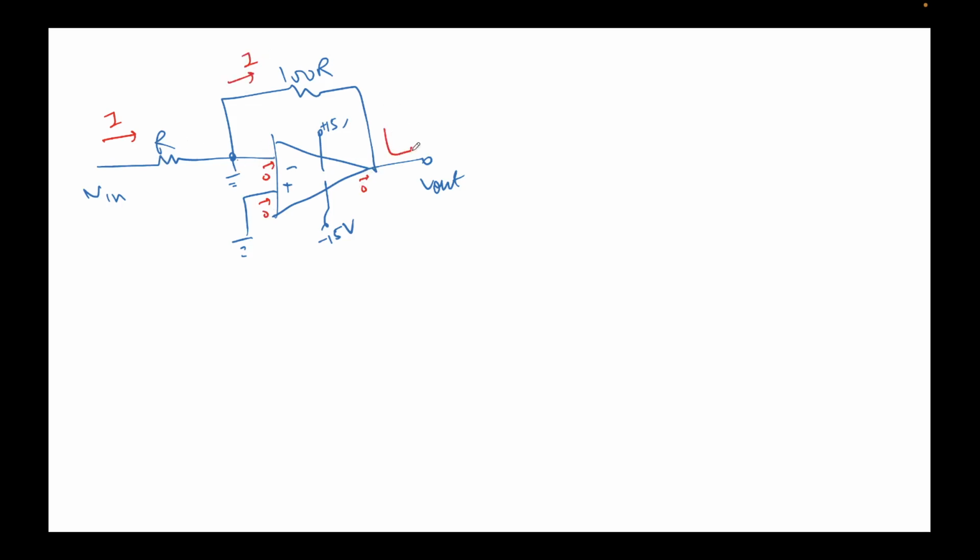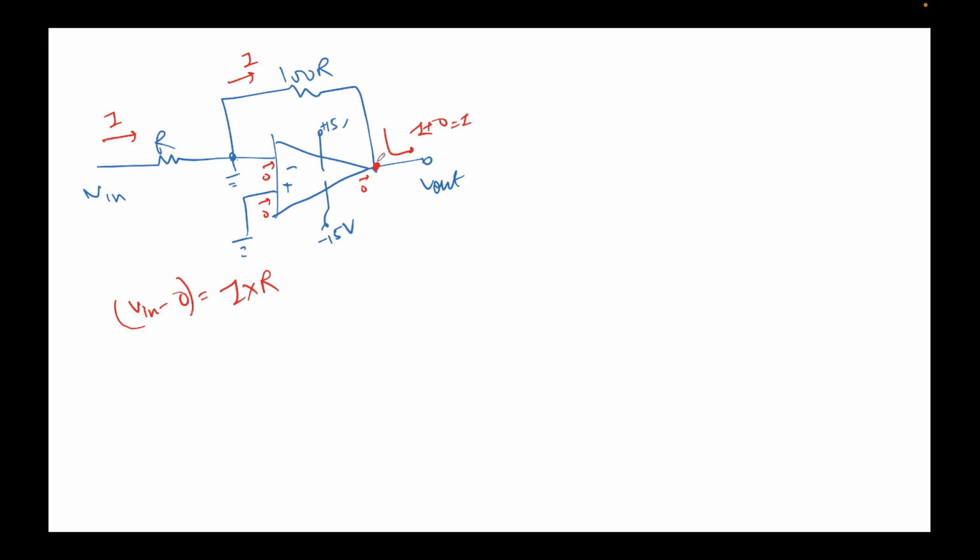Applying KCL at this node, I plus 0 will be I. Very good. Now I'll write Ohm's law across this resistor. V in minus 0 equal to I times R.